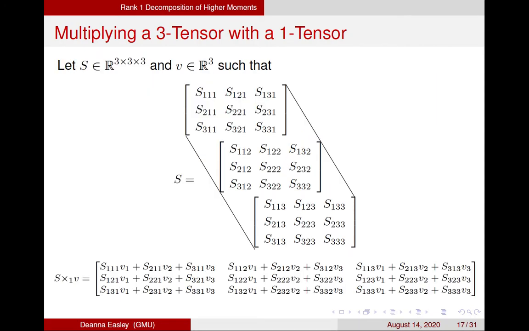To help visualize 3 tensor multiplication, let's consider a 3 by 3 by 3 tensor S and a 3 by 1 vector v. Then S can be thought of as this cube of numbers, and the 1-mode product, S times_1 v, is shown to be this matrix here.